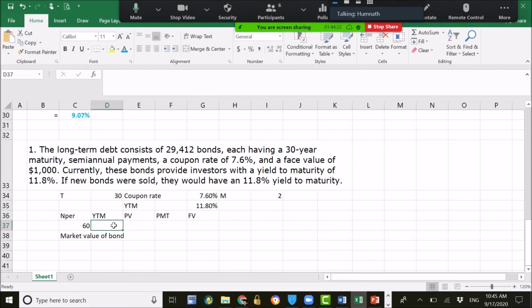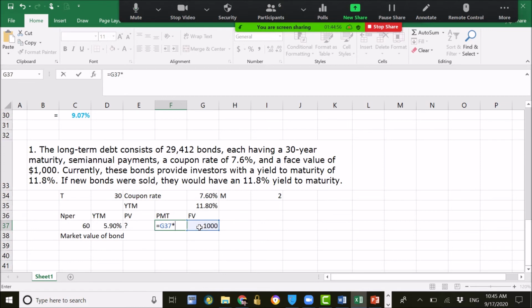My yield to maturity is going to be that divided by the compounding, so you can put a percentage. Then we need to find the value of this debt instrument. Let me put the face value first. The face value is $1,000. And PMT equals face value times the coupon rate, divided by the compounding. So that's your coupon payment.